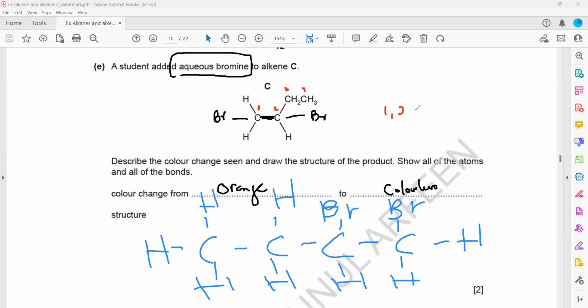So the name of this compound is 1,2-dibromo, and with 4 carbon atoms, butane. So 1,2-dibromobutane, or dibromobutane is acceptable. Di means 2, bromo is for bromine, and but because there are 4 carbon atoms.